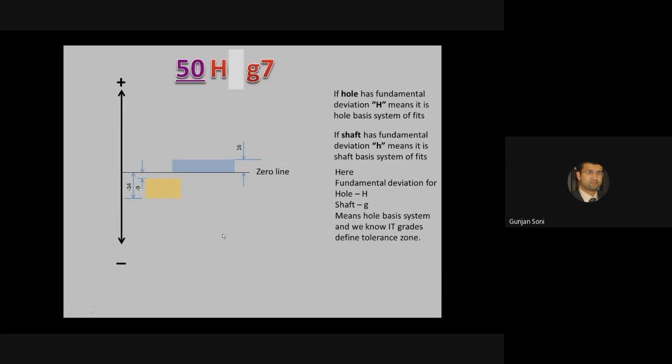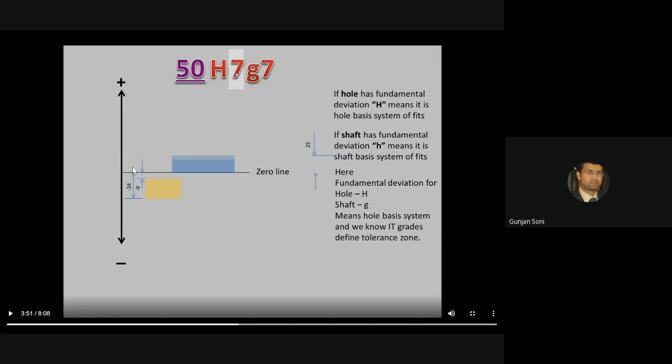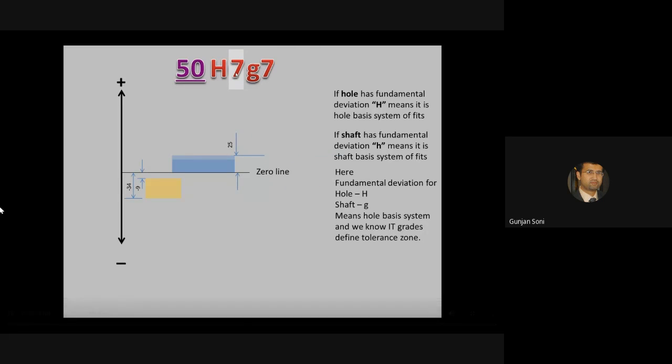Now suppose in case of hole, the fundamental deviation is H same, but the IT grade is changed from 6 to 7. What happens? Tolerance zone has increased. As we have seen also, as the IT grade increases, your tolerance increases and it keeps on becoming more and more crude. From 16 microns to 25 micron.